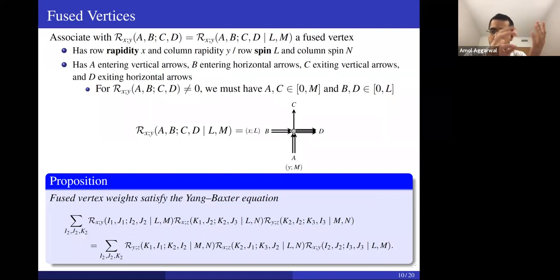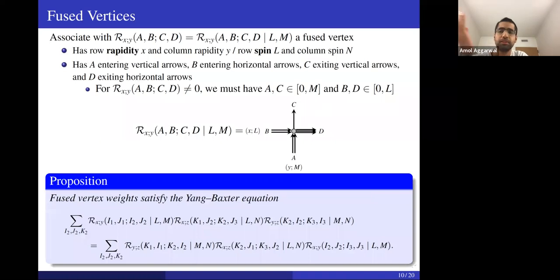Likewise, only 0 through M arrows exiting vertically, and 0 through L arrows entering or exiting horizontally. Although this condition will later be analytically continued and dropped away, for now this is a condition that's relevant for this procedure.